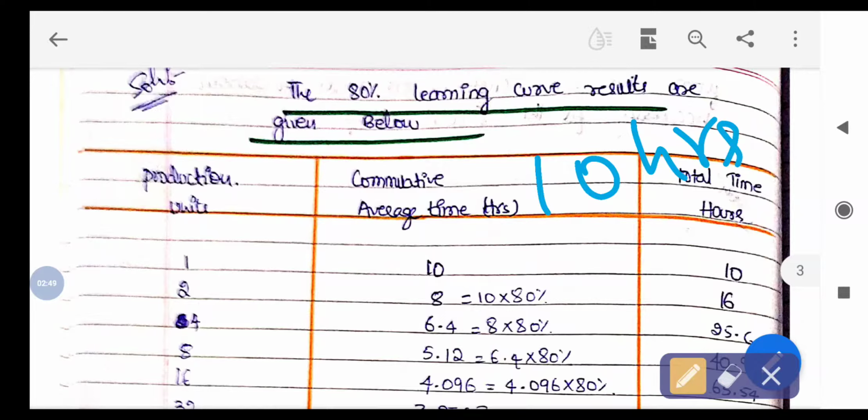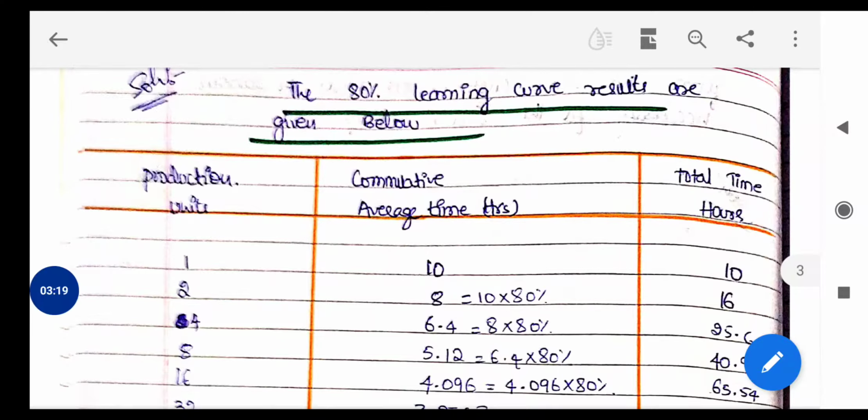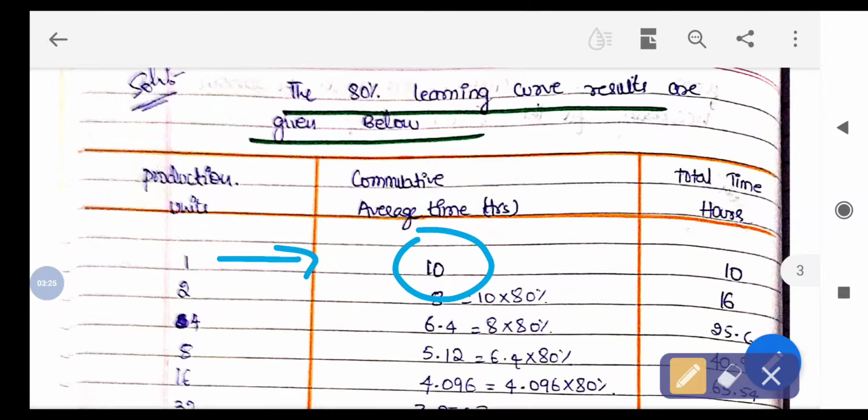As I told you in the previous problem, in the learning curve the units get doubled: first unit 1, then 2, then 4, next 8, next 16, next 32, like this. For the first unit, the average time was 10 hours, so the total time is 1 into 10, that is 10 hours.